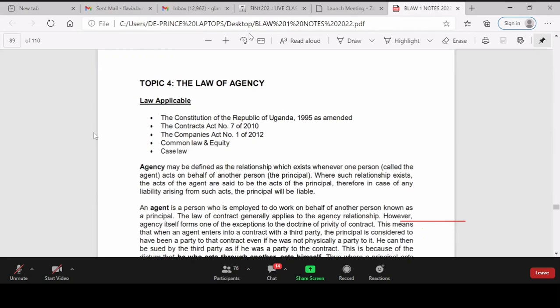But in the law of supply of services, we can have more than one consumer. Can we say that? Can we say that in the law of supply of services, we can have more than one party?